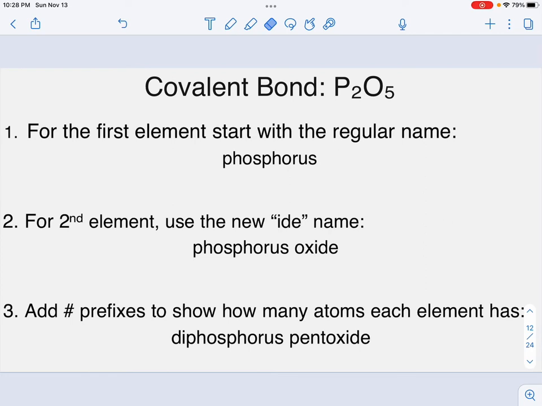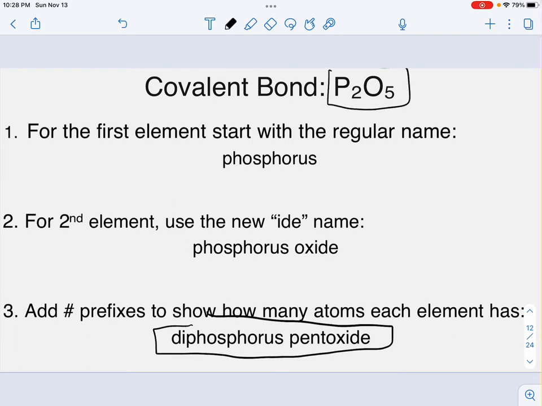This is the correct way to name P2O5. The correct covalent compound name is diphosphorus pentoxide. Hopefully you learned. This is starting to get the gears in the brain working, okay?